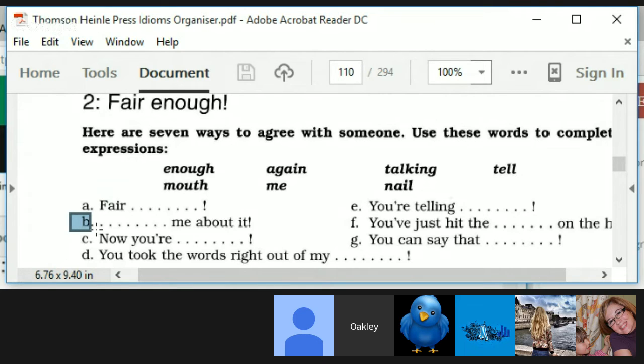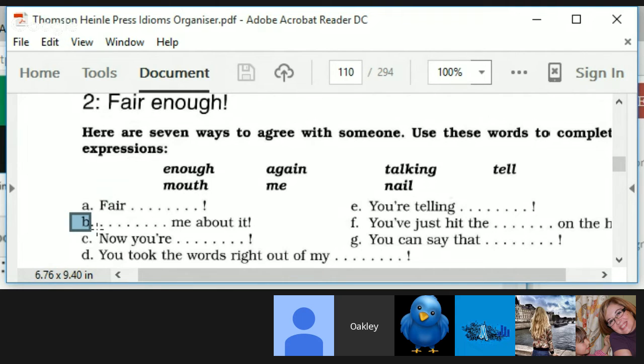So when we use sarcasm in English, we tend to really drag our vowels. Tell me about it. Oh, yeah. Tell me about it. Okay. Something like that. It would never be short. Tell me about it. Then it sounds like you're asking a question. So really drag the vowels when you're using it in this way.